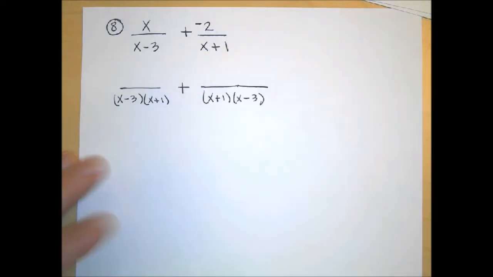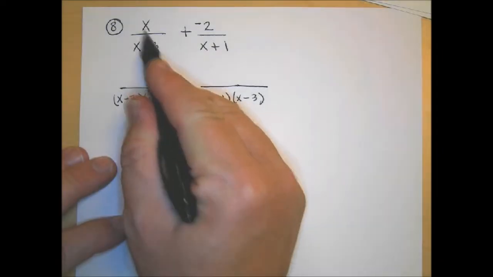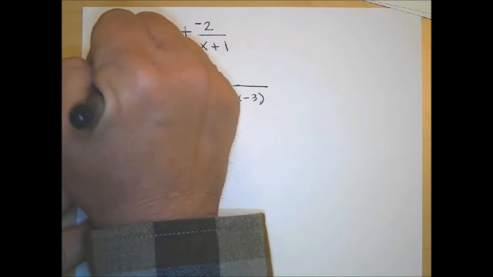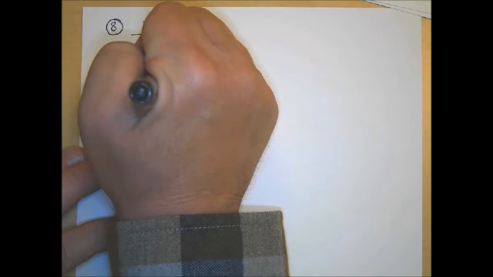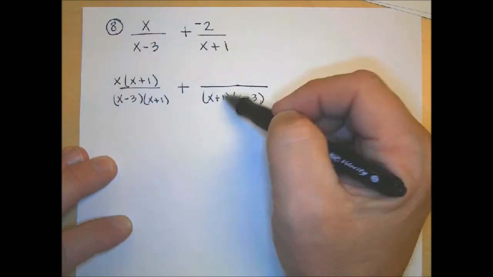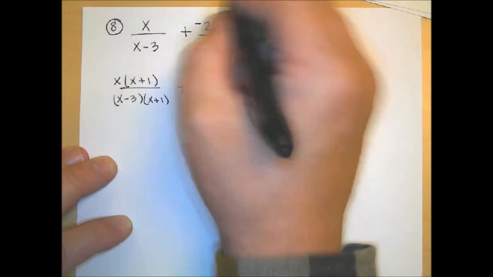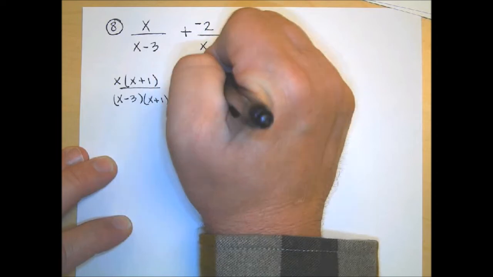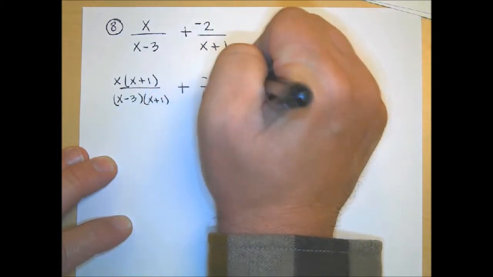Now, the numerators have to be adjusted to include what they did not have. So this numerator that started off as x, it already had the x minus 3, so it needs x plus 1. This fraction that already started off with x plus 1 on the denominator, it doesn't need another x plus 1, it already has it, but it does need the x minus 3.